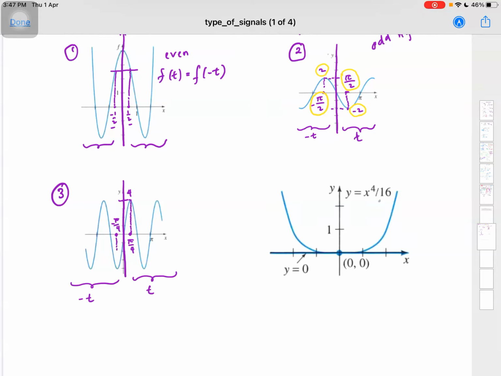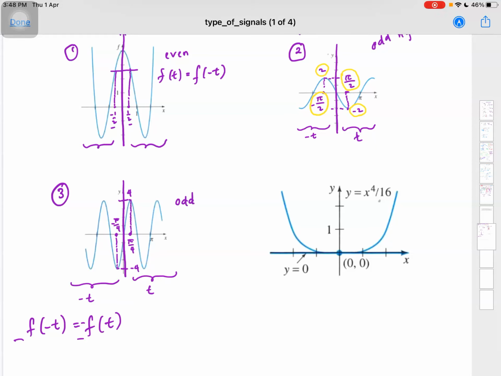If we take it down, they have the inverse amplitude, so this one is minus 4. So we can see that f of minus t equals minus f of t, because their amplitudes are the inverse of each other. When this one's amplitude is positive, this one's amplitude is negative. So this is an odd signal.